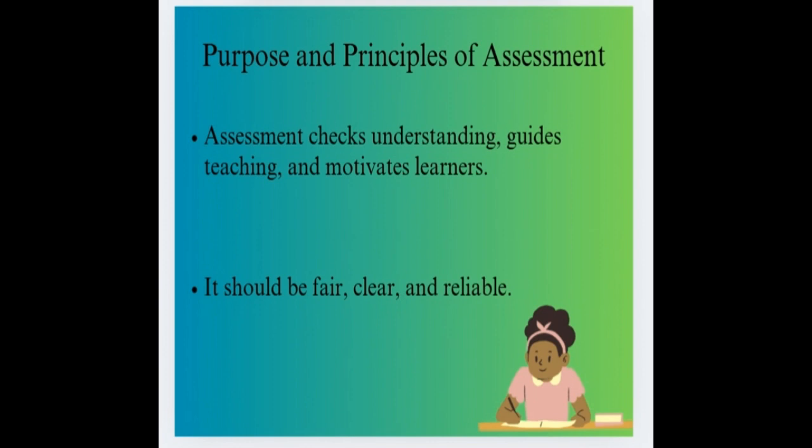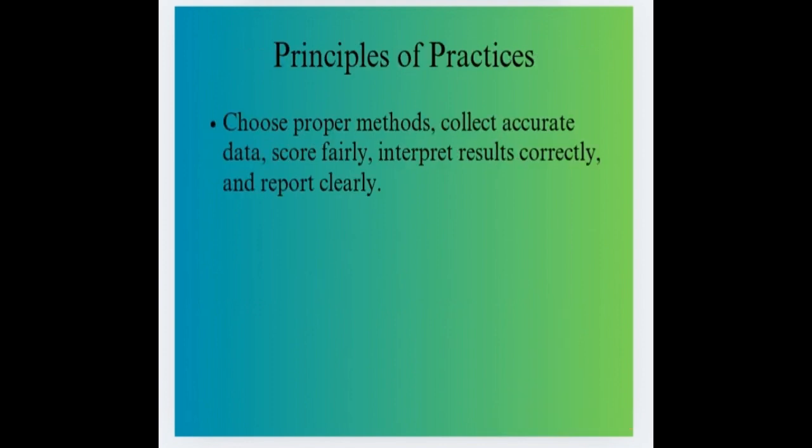And it should be fair, clear and reliable. That is the main principle. There should be trust and no partiality in doing the assessment. We have to choose the proper method, collect accurate data and give the score properly. There is a common myth that if a student does some mischievous activity in the class, the tutor or professor will say you'll get internal marks minus.